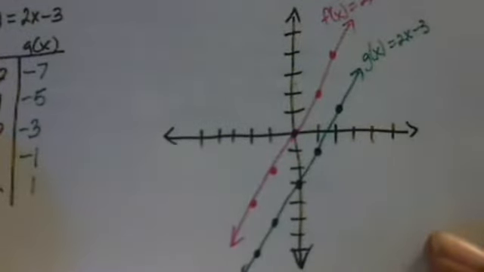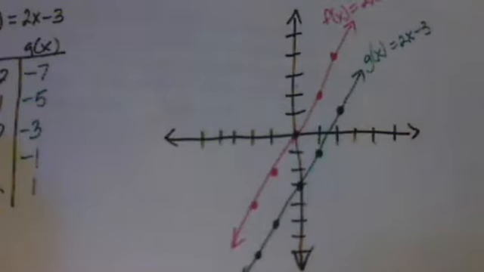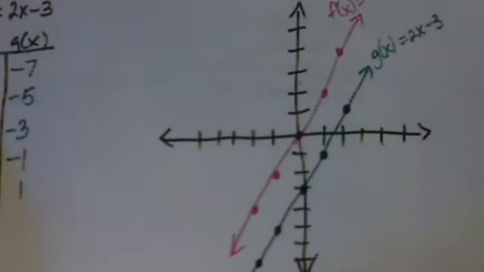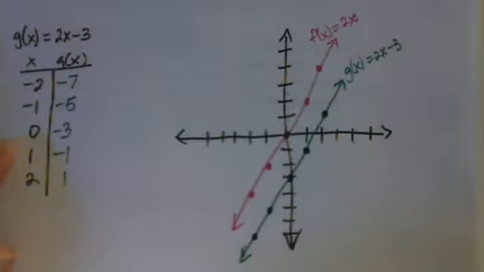Now what's the difference between these two graphs? In this case here you can see the difference of these two graphs look like this. It's the same graph as f of x is equal to 2x. However, it's just shifted down 3 places.